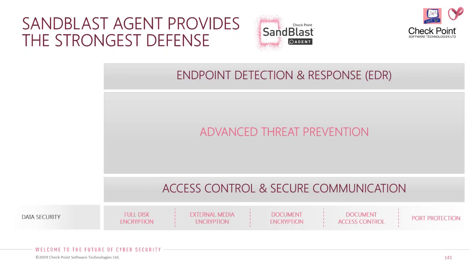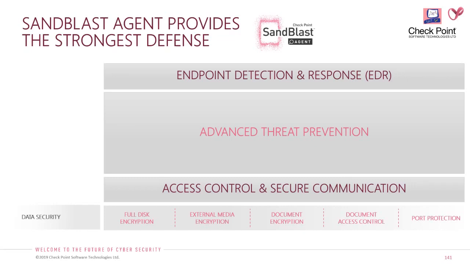And we have file-based encryption as well. File-based encryption you can control using certain sensitive file formats. If this file goes to any external media like USB, pen drive or hard disk, it will be encrypted. You can create such policies, and we have lots of other mechanisms. The port protection, as I said earlier, is USB and Bluetooth blocking.